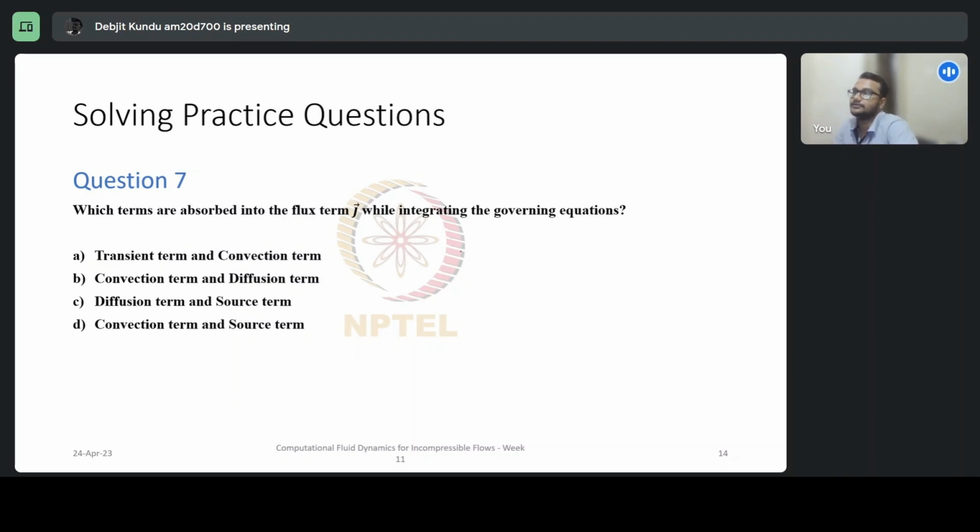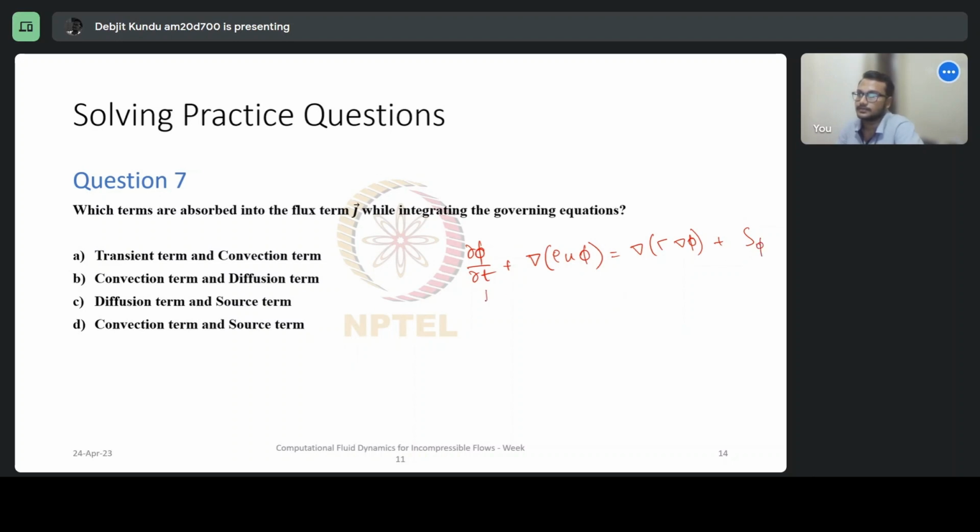So if I write down the general form, it is this. I'm writing in 2D vector form. So this would be grad of rho u phi. Then this side we will have grad of lambda grad phi, and then there will be a source term, source of phi.